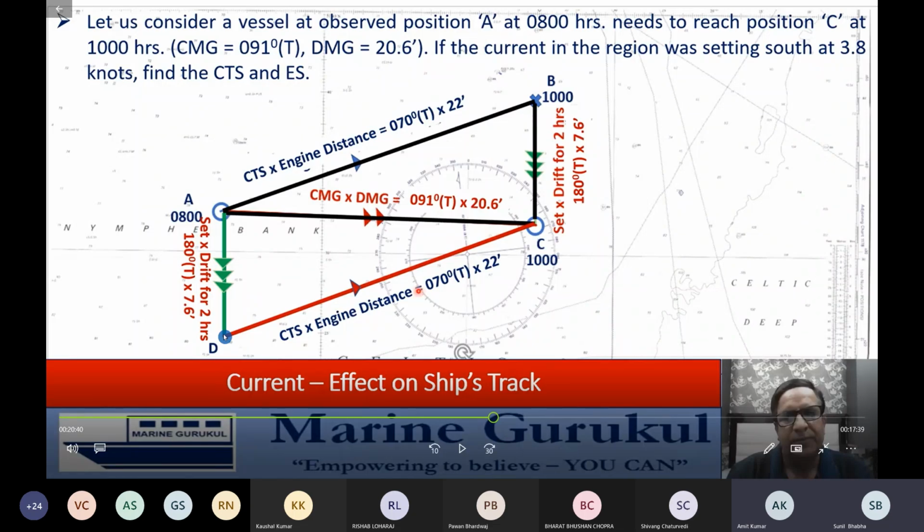Sir, if we draw it on the opposite side and write it down at the side, as we know we are already aware of CMG, to find out CTS we applied the current in the opposite direction. In that way, will the examiner correct this question, or can he do anything? Beta, it is up to the examiner. If I am the examiner, maybe I will not deduct any marks, but if somebody else is the examiner, then I don't know.